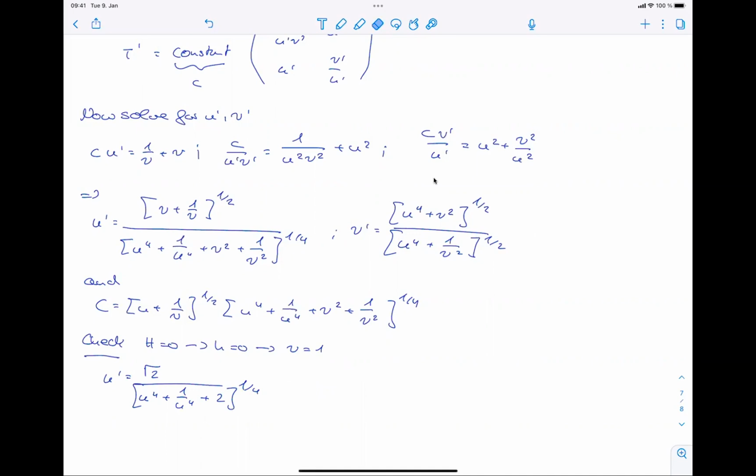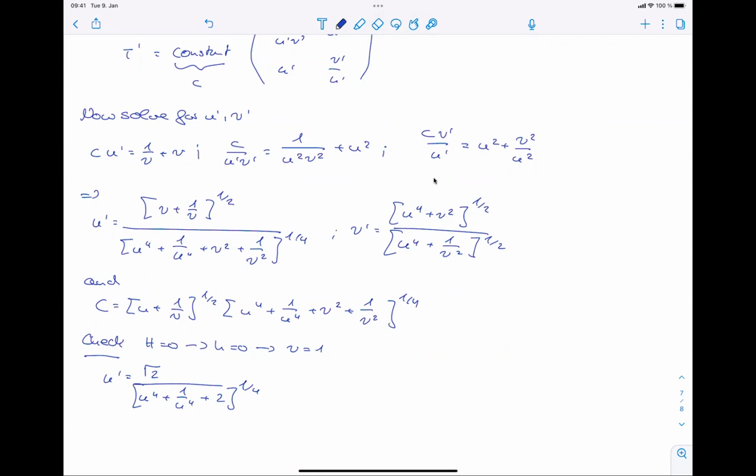And so now what we actually have here, we can expand this as, okay. So what we can see is that we can expand the denominator. This is a quadratic function of u squared plus 1 over u squared to the square.